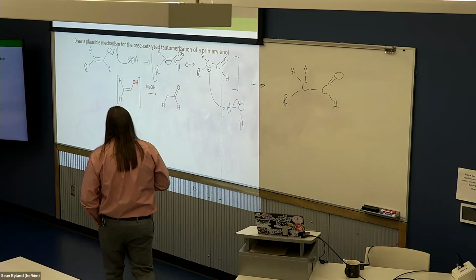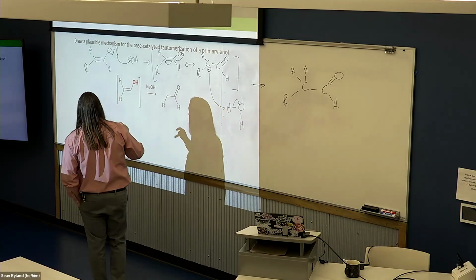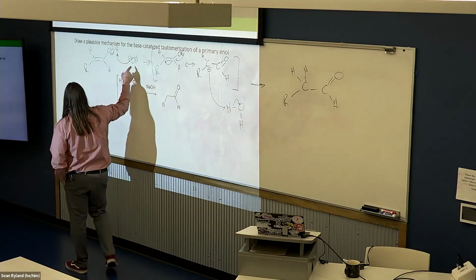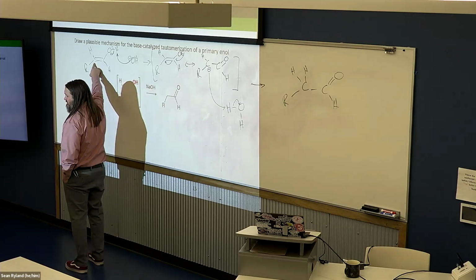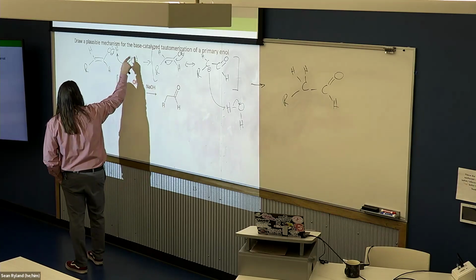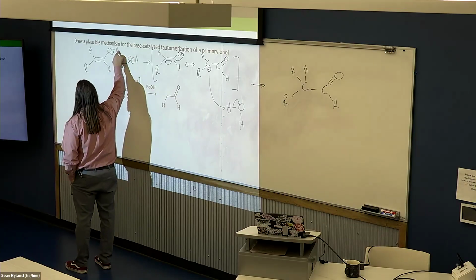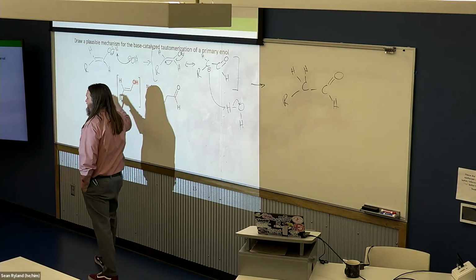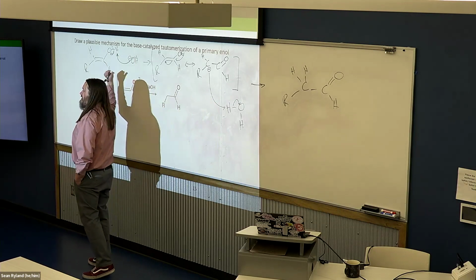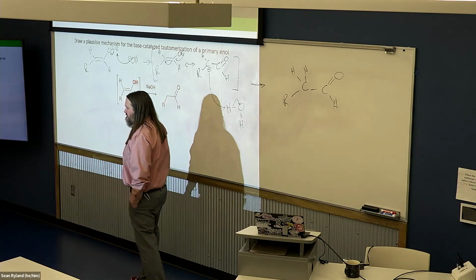In both cases, we needed to deprotonate the oxygen and we needed to add a hydrogen onto the carbon. Under basic conditions, we deprotonate first and then add the hydrogen. Under acidic conditions, we add the hydrogen and then deprotonate.